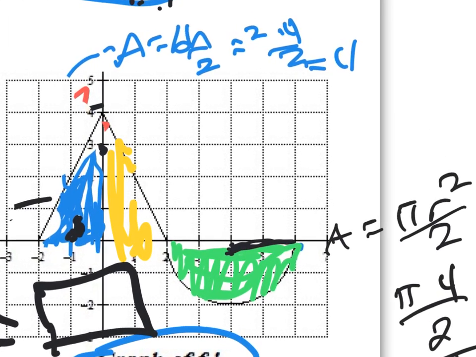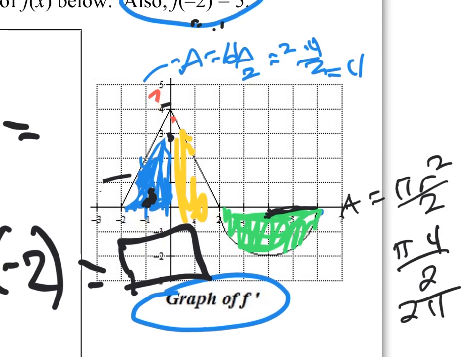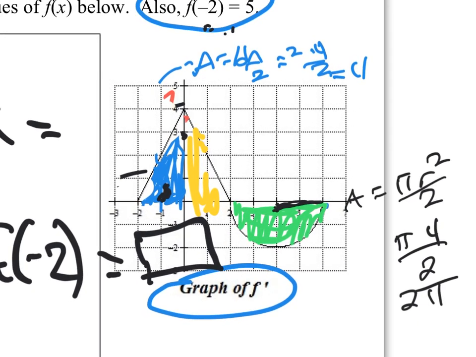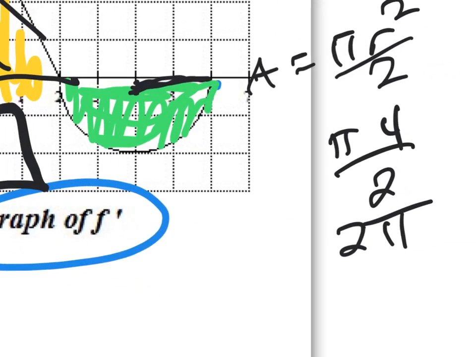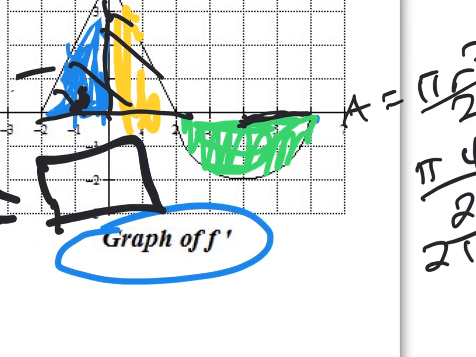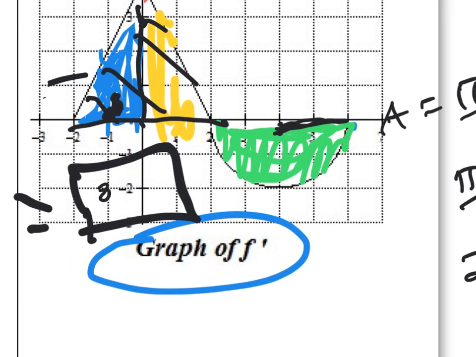Which was it? The base is 2 times the height 4 is 4, and then 1/2 of the base. You're doing the whole thing now. The whole enchilada is 8. So it actually is going to be 8, the whole enchilada, plus 2 pi.